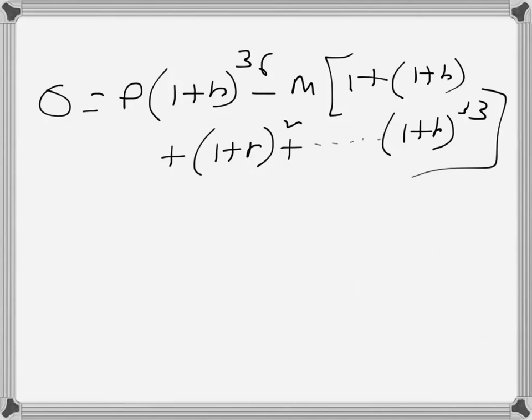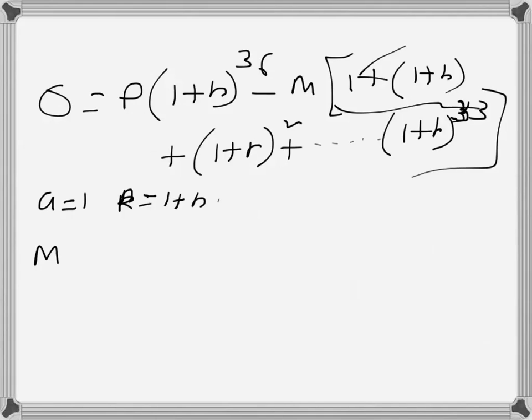So now this is a geometric series. If I take this on the left hand side, this series has the first term as 1. The common ratio, capital R, let's write, is 1 plus R. And the number of terms: the power here is 33, and we can say the first one's power is 1 plus R to the power 0.